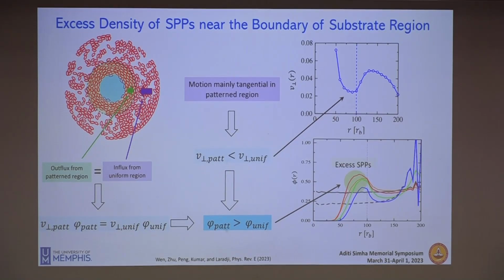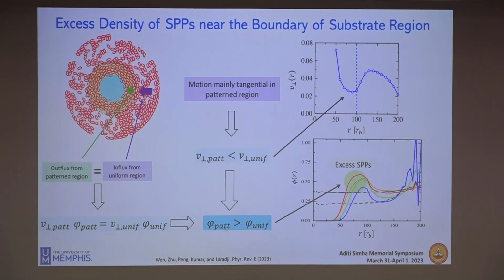And of course, if you look at the normal speed of the particles, the particles in the substrate are moving mostly in a tangential fashion, so the normal speed is actually relatively weak.